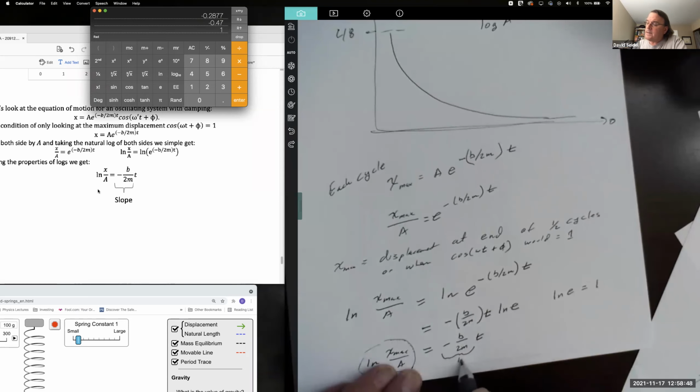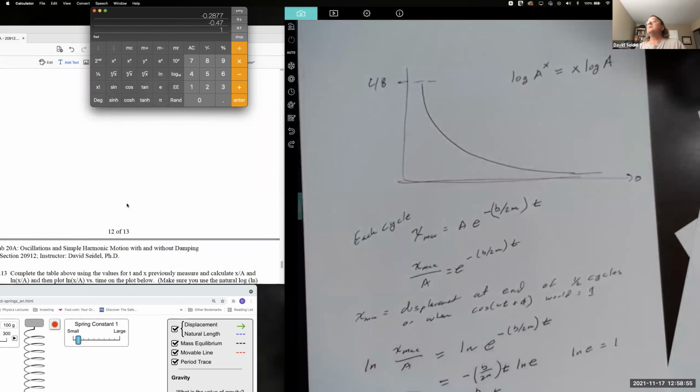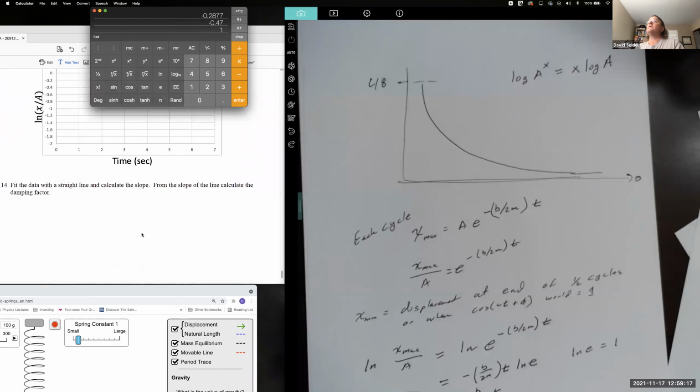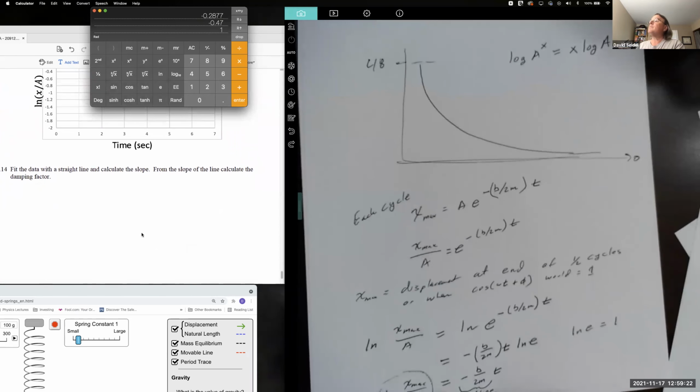This is the slope. So when you plot the values for your natural log of x over a, you're going to get a straight line coming down this way from 0 at 0, coming down negative. And that's going to be its slope. Since you know the slope, you can calculate b.